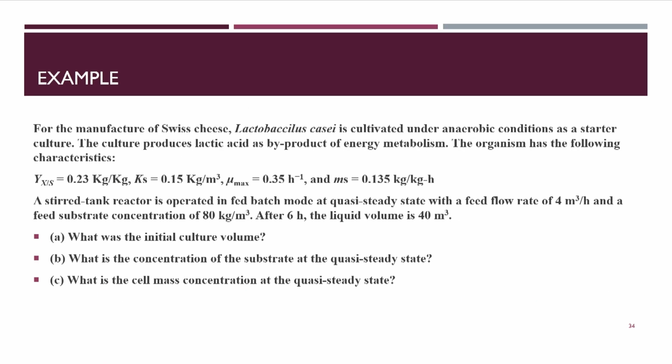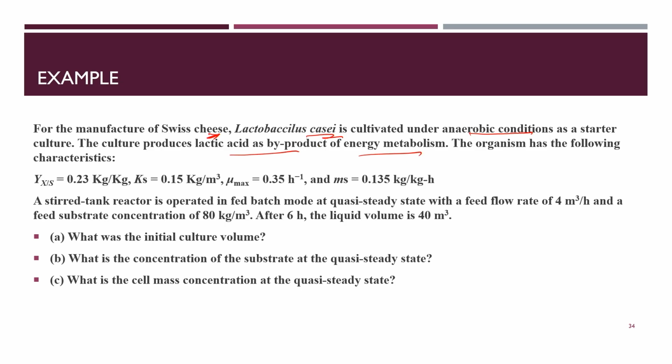Now, we will see one more example for the fed batch. It says, for the manufacture of Swiss cheese, Lactobacillus casei is cultivated under anaerobic condition as a starter culture. The culture produces lactic acid as a byproduct of energy metabolism.